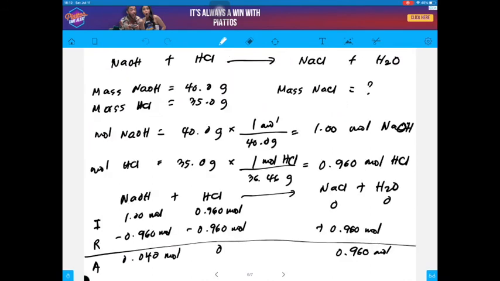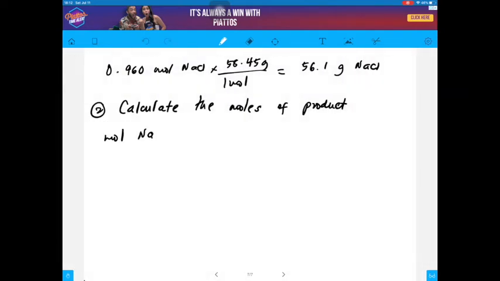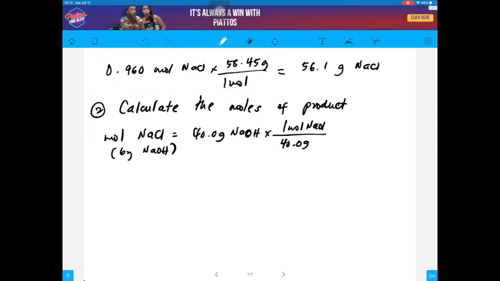For the sodium hydroxide, we use the amount given, 40 grams, divided by its molar mass, which is also 40, and relate it to moles of sodium chloride using the mole ratio. So finally, you get 1 mole of sodium chloride.